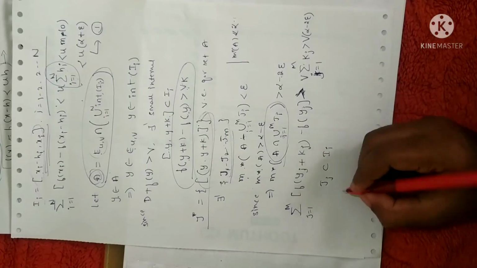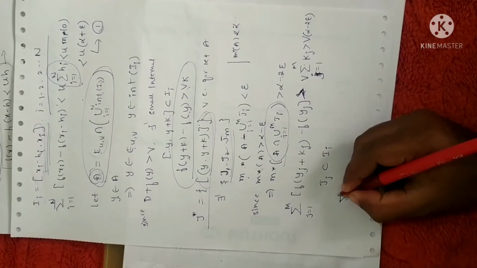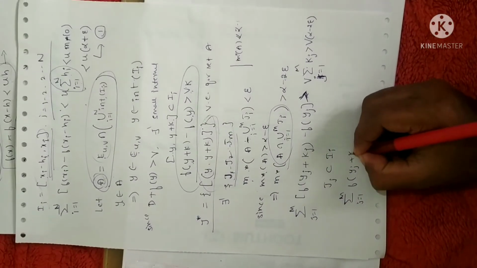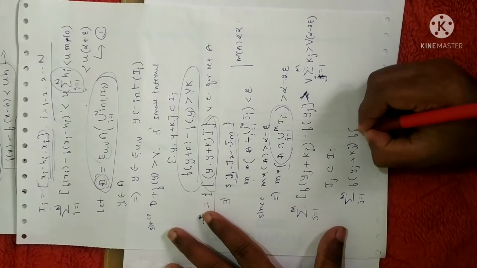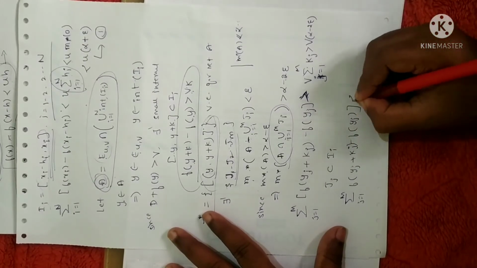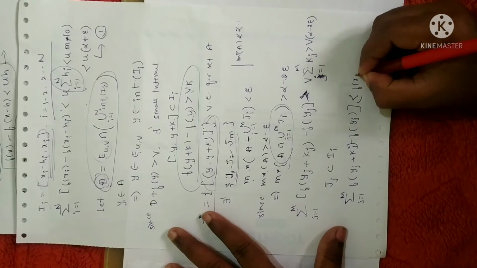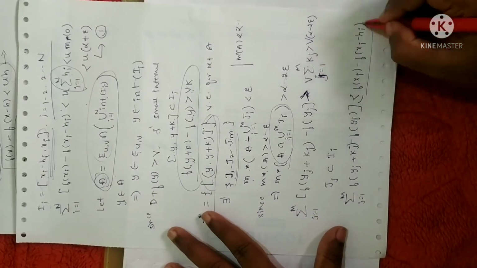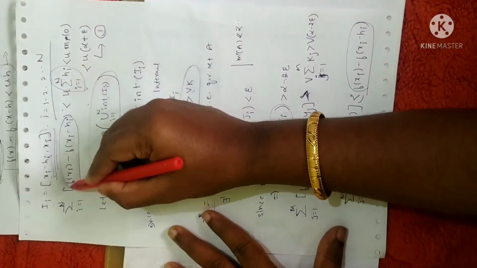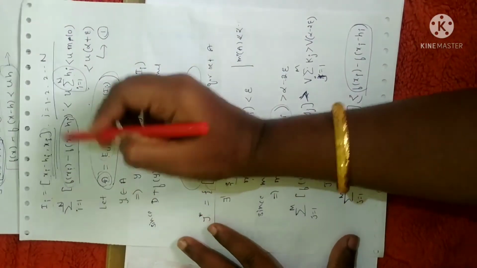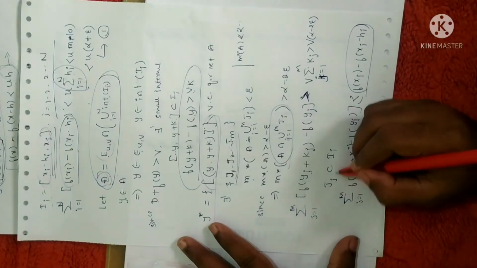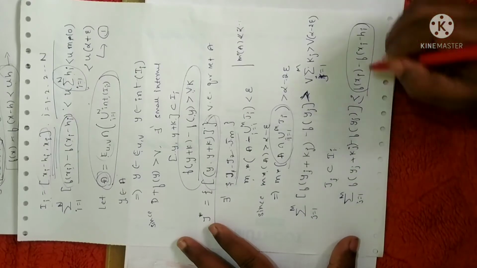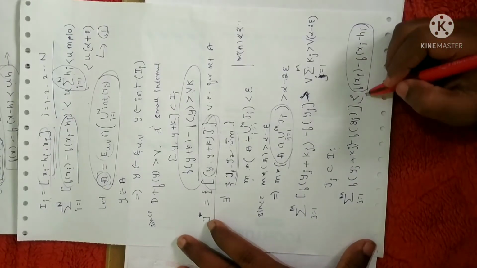So, since it is a subset, I can write summation j equals 1 to m f of y_j plus k_j minus f of y_j will be less than or equal to f of x_i minus f of x_i minus h_i. So these are the values of I_i. Why? Because it contains the intervals of I_i. This is the values of J_j. Since J_j's are subsets of I_i, whatever elements you have inside, they will always be less than or equal to.